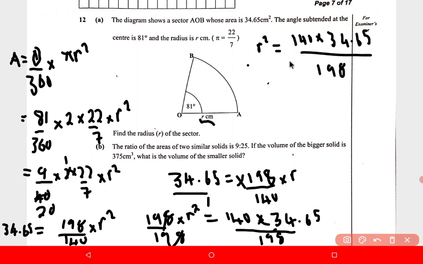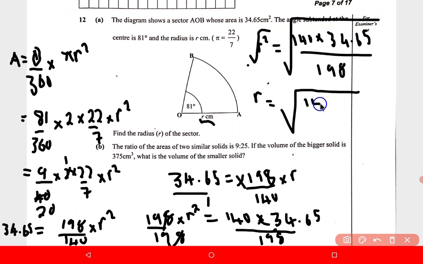Now to show that you are square rooting, you just square root this side. They know you don't have a calculator, you can just leave it at this part. Don't try to start calculating here, you're going to spend a lot of time, and before you know it, time will be up. But I'm sure they can give you at least a mark for the working and other things.